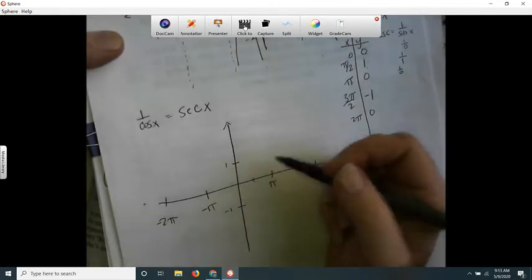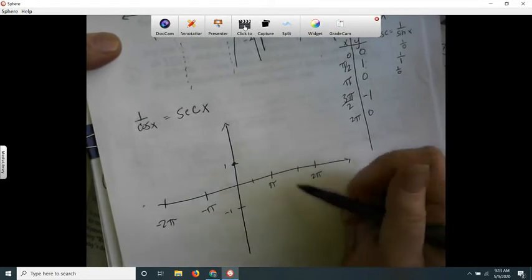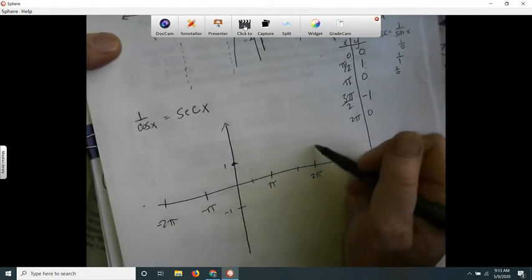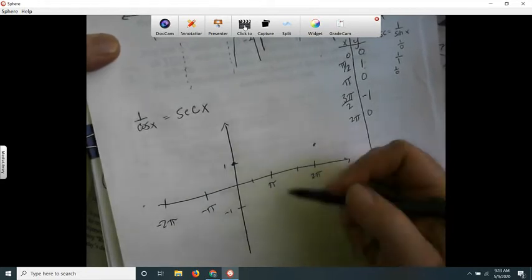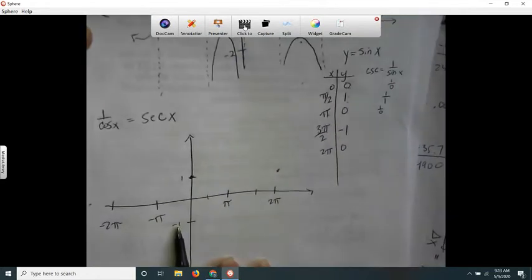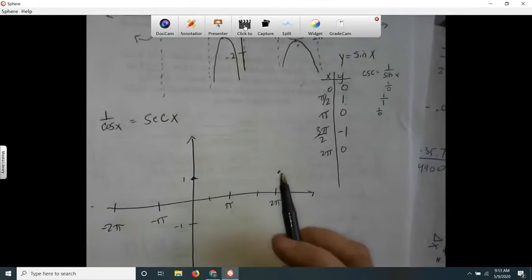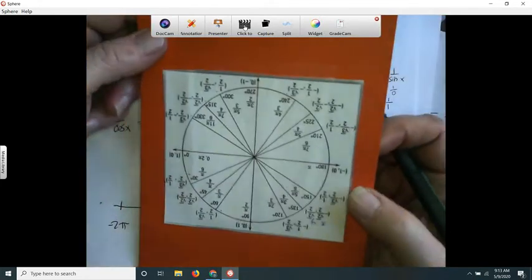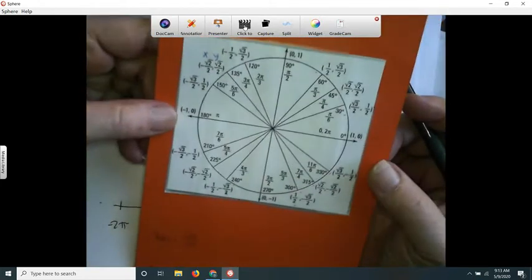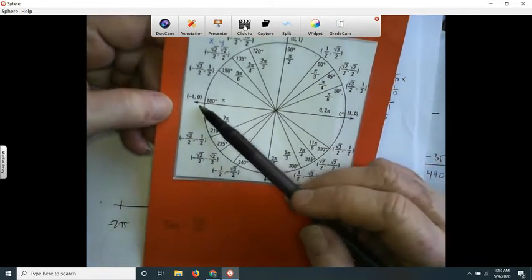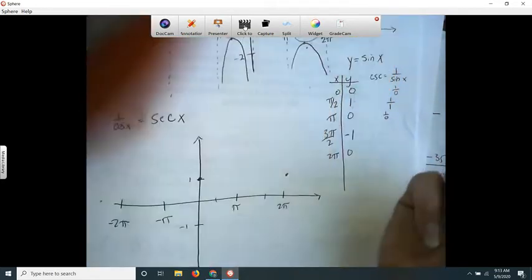I know that cosine goes through here, and then it ends up here. Let's find out what cosine of pi is. Cosine of pi is -1.